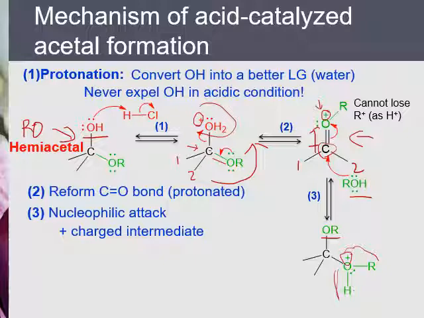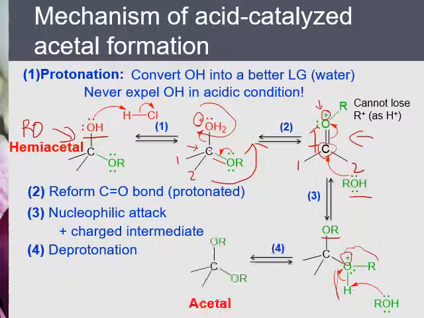Again, this oxygen is not stable, so we need to remove the charge, and one way to do it is deprotonation. Remember, we have lots of alcohol serving as a base, so it deprotonates this hydrogen by drawing two arrows, one to form an oxygen-hydrogen bond, the other, the old bond breaks to give oxygen, which forms a neutral molecule, the acetal.